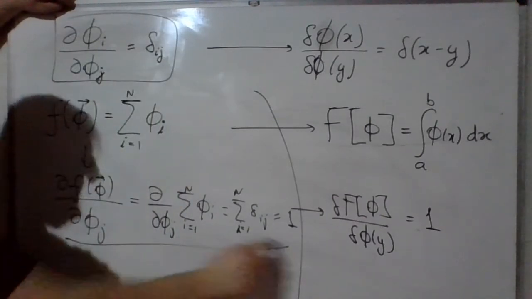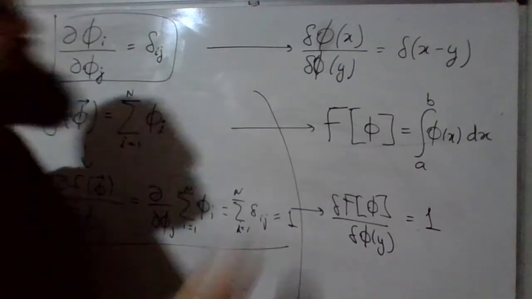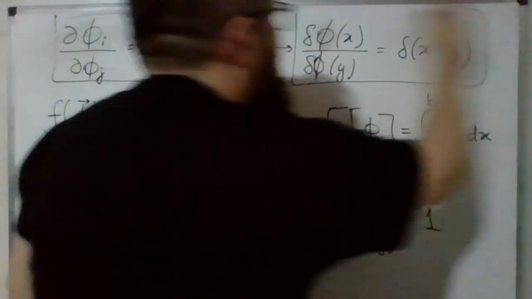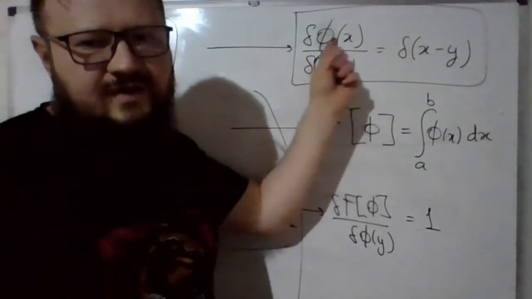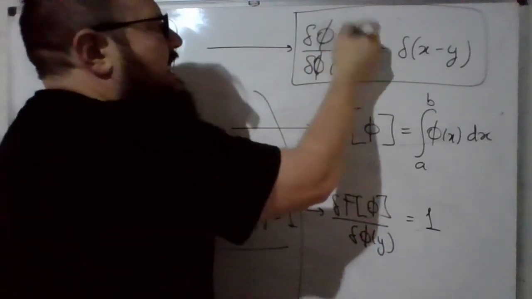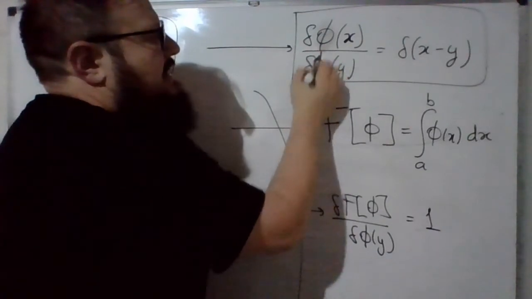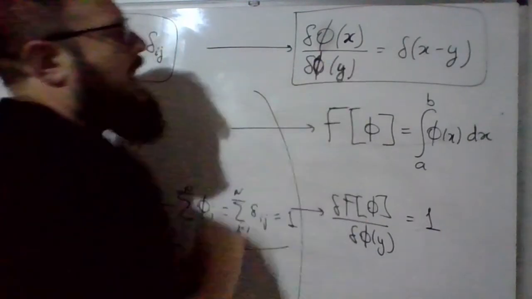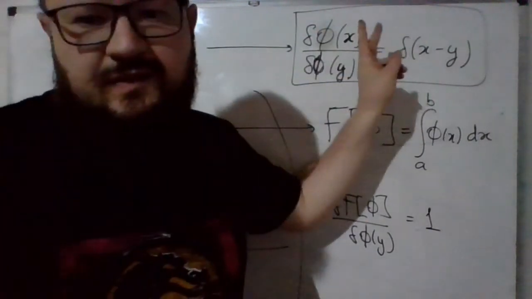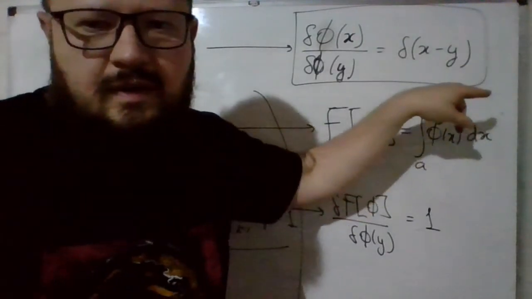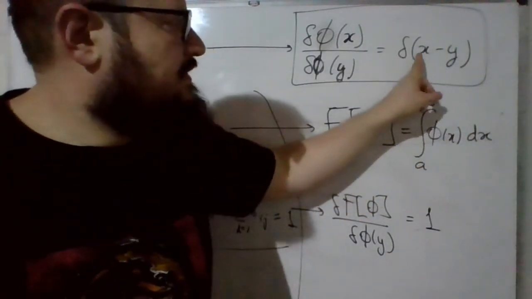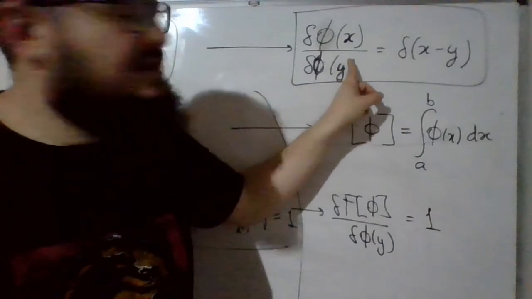In this case, where you consider the functional derivative of phi evaluated at some x and phi evaluated at some y, it produces 0 in any situation where x is distinct from y.